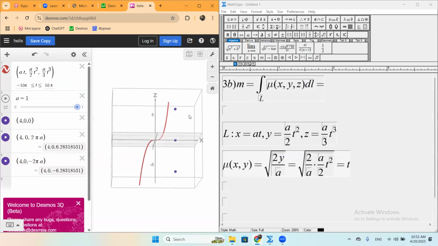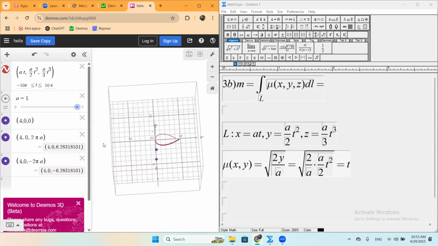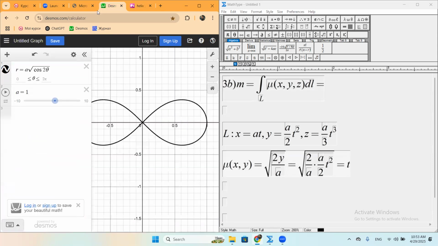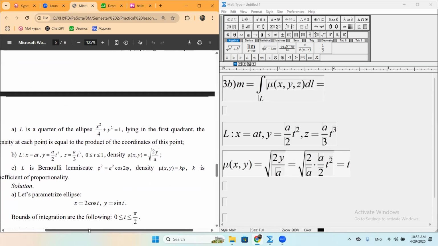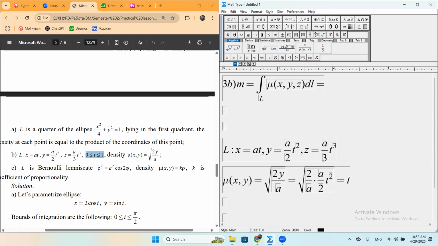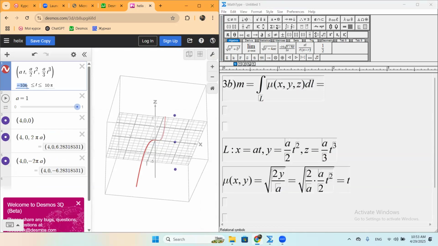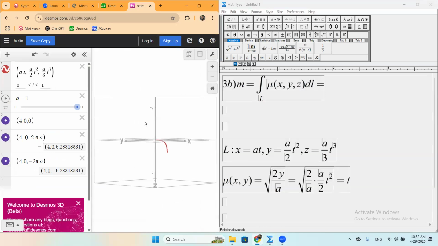So not really understandable are the limits of integration. Maybe we can receive more information. So yeah, t from 0 to 1. Okay. So we plotted the curve, from 0 to 1, such a small segment.